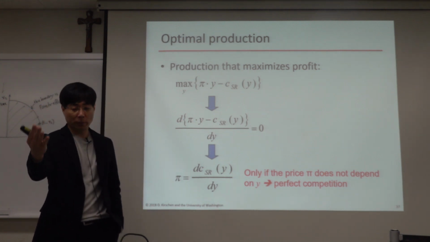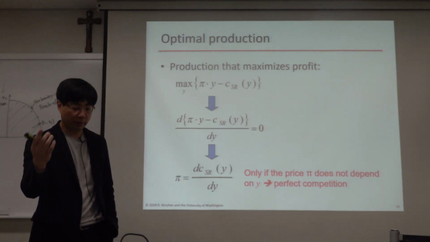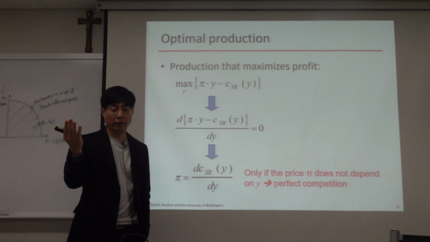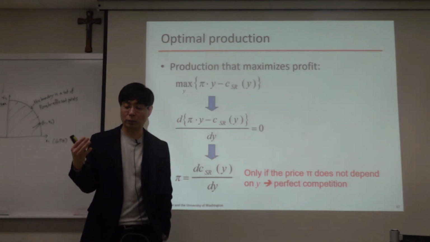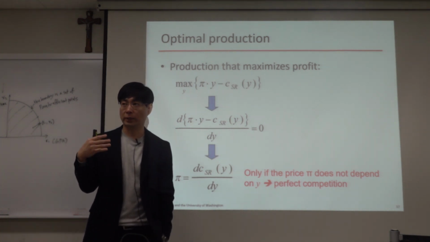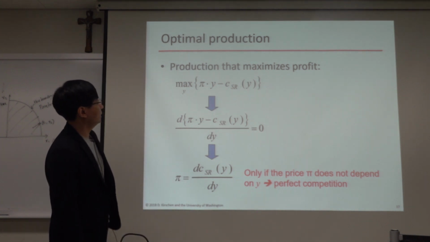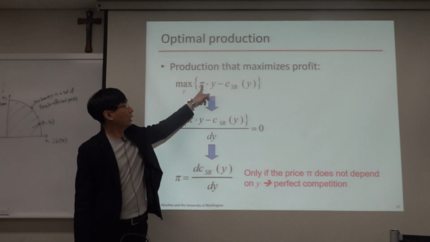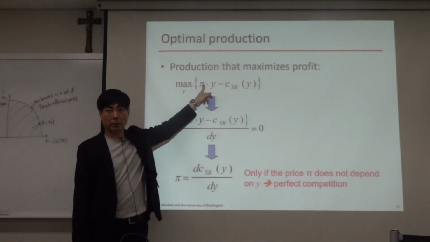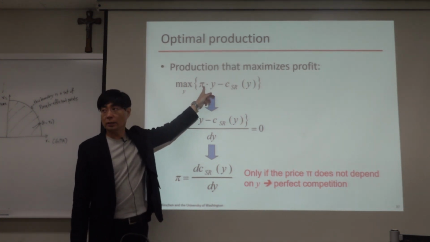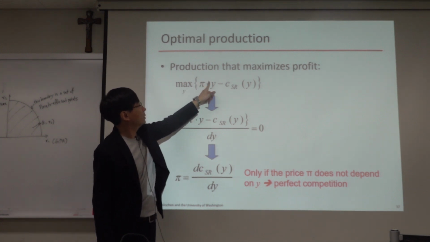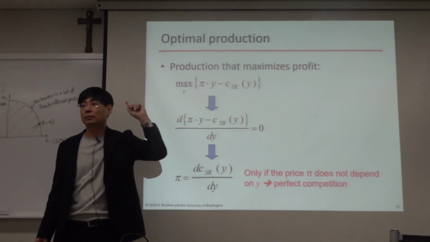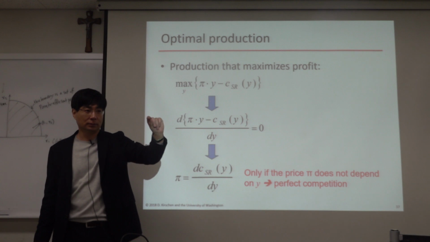And assuming the price is given, the producer thinks, how much do I need to produce to maximize my profit? The production that maximizes profit: pi is the price given from the market. This is constant here. So pi times y, this is my total profit.